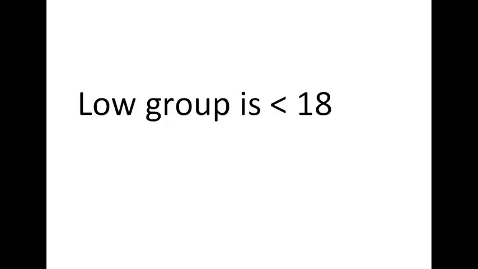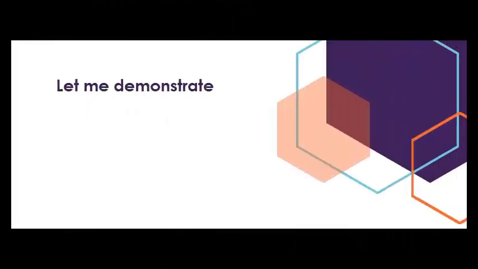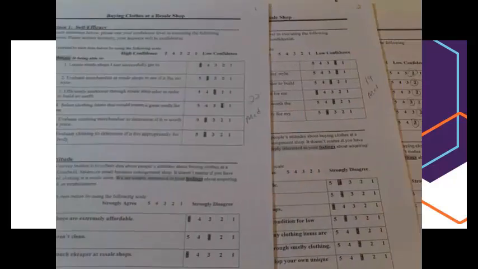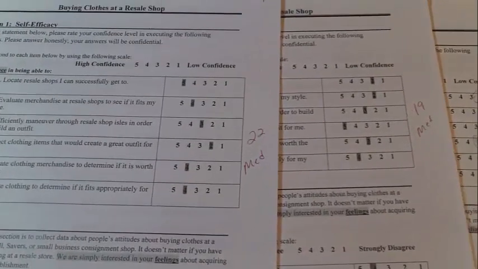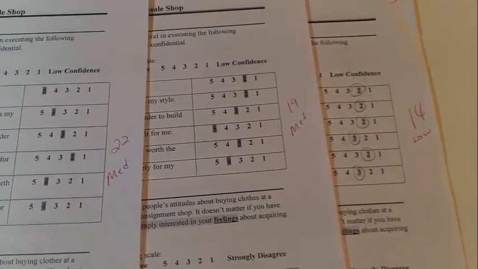And now what you're going to have to do is go back and look at each of your respondents' scores and place them in a group. So let me go ahead and demonstrate what I mean. If you look at my instruments, I marked their total for the self-efficacy section, and then I indicated high, medium, or low group.